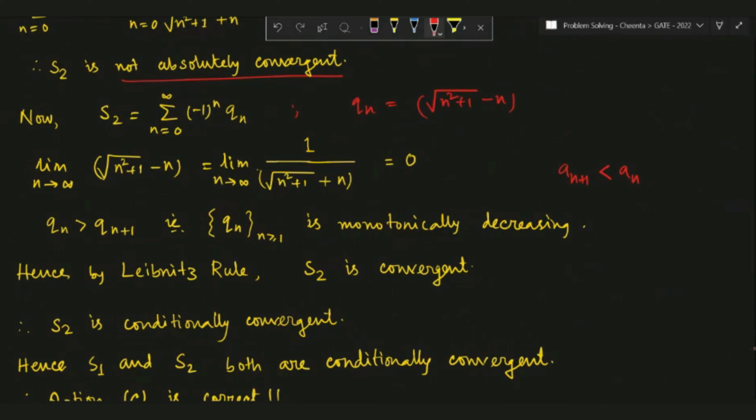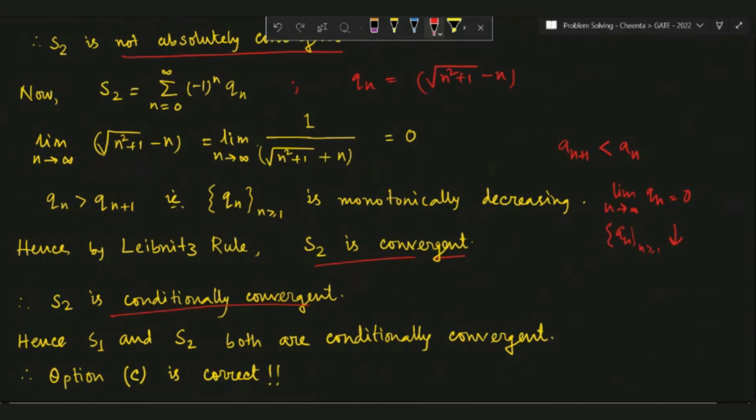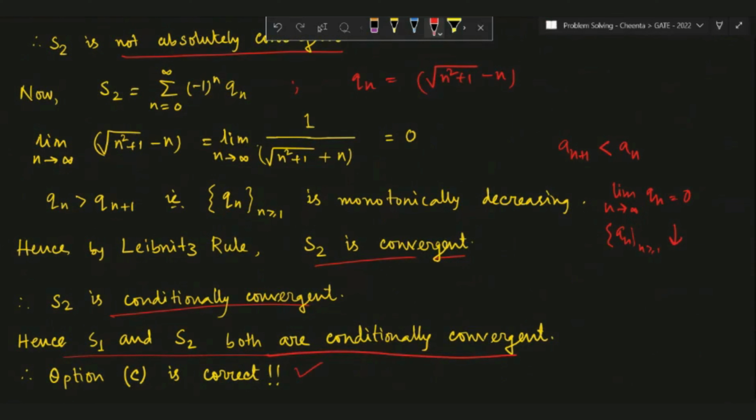So two conditions are satisfied, that is limit of n tends to infinity Qn equal to 0 and Qn is decreasing. So by applying Leibniz rule, we can say that S2 is convergent. Here also S2 is not absolutely convergent, but S2 is convergent. So we can say that S2 is conditionally convergent, and hence both S1 and S2 are conditionally convergent. So option C is correct.